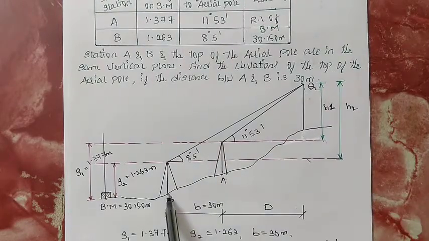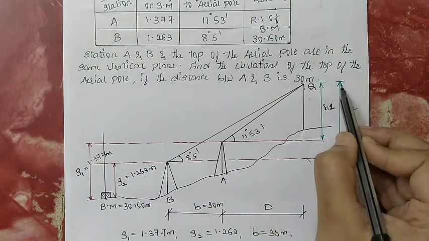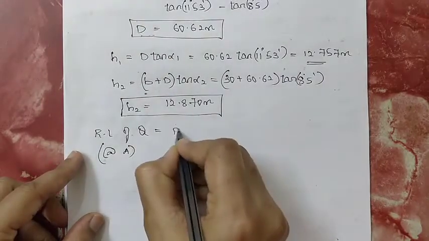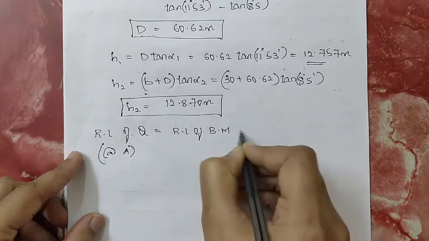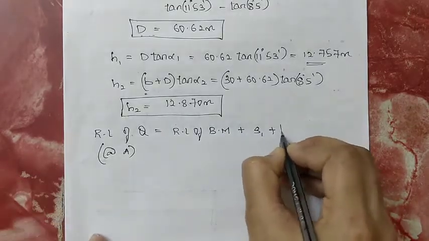Similarly, when the instrument is at B, RL of Q is given by RL of benchmark plus S2 plus H2. First, RL of benchmark plus staff reading on the benchmark S1 plus H1.